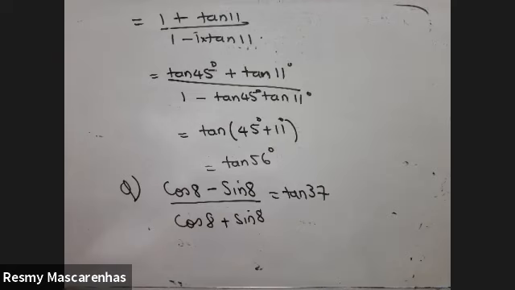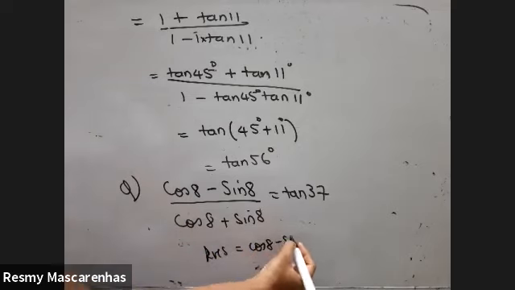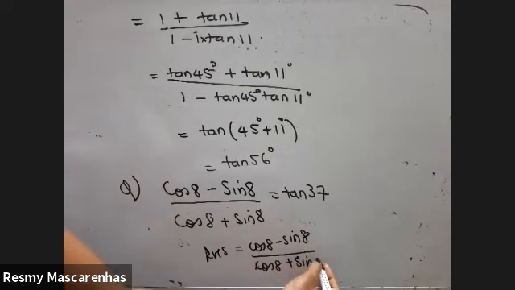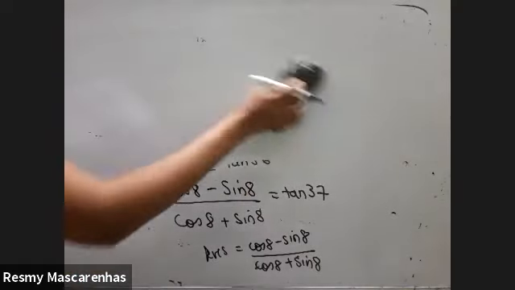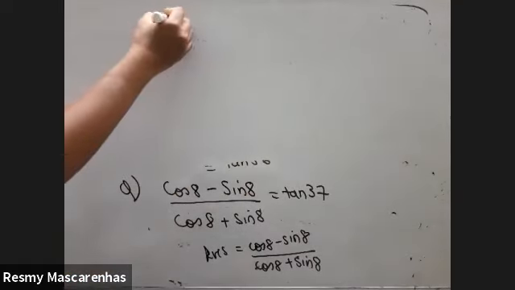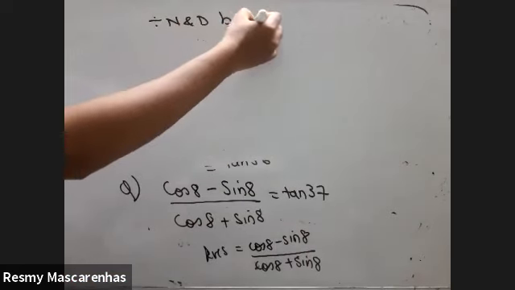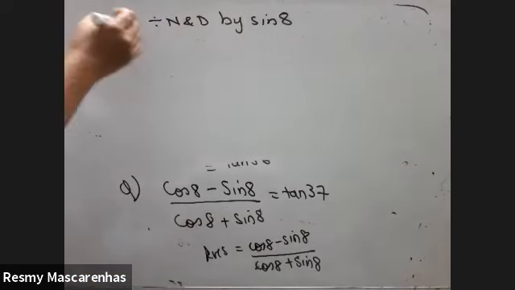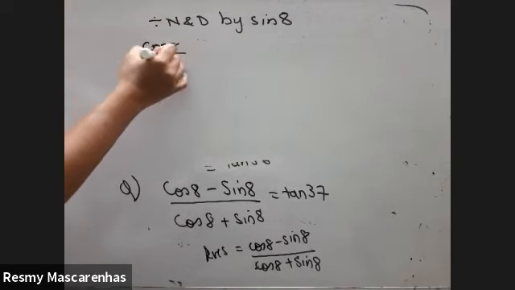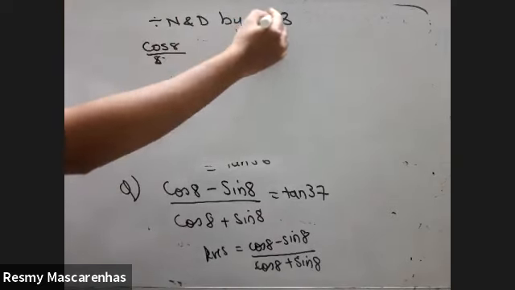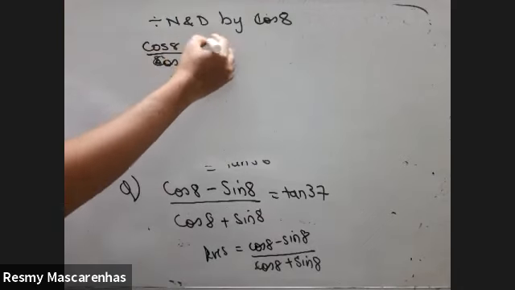Take the left hand side, divide all the terms by cos theta, so that I get tan.